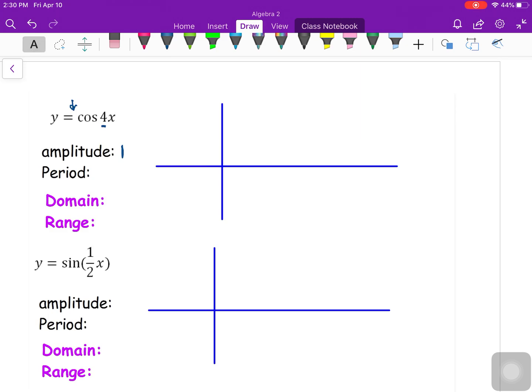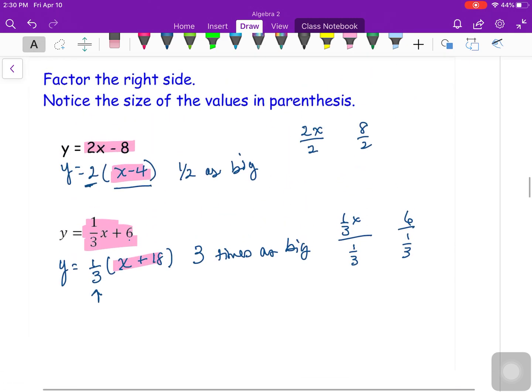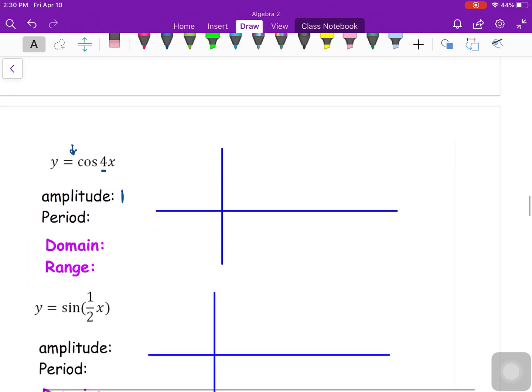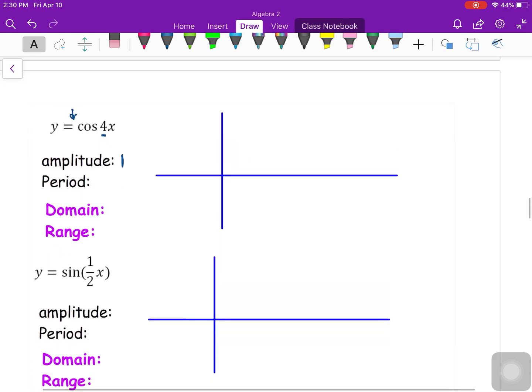Well, just like back here, I factored out the 2 to see what one cycle would take. I am going to also factor out this 4 to see what one cycle will take. I know that cosine's period is 2 pi, but if I'm going to factor out a 4, that means I'm going to divide out a 4. So 2 pi divided by 4 actually gives me a period of pi over 2.